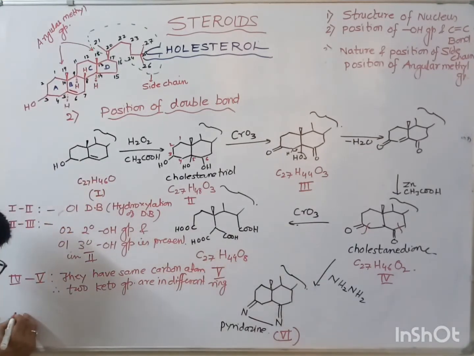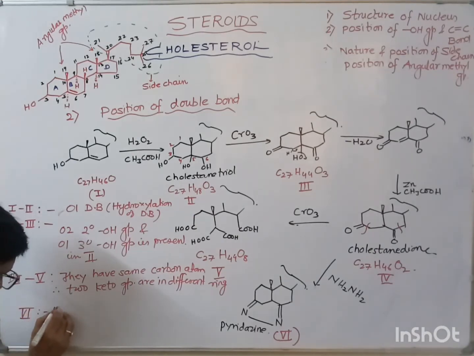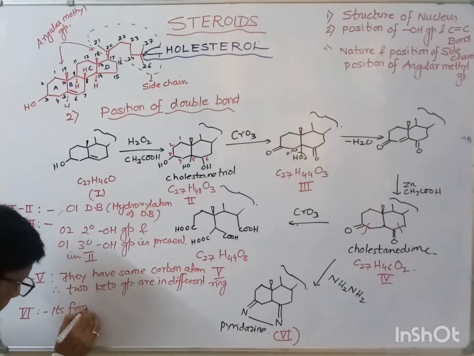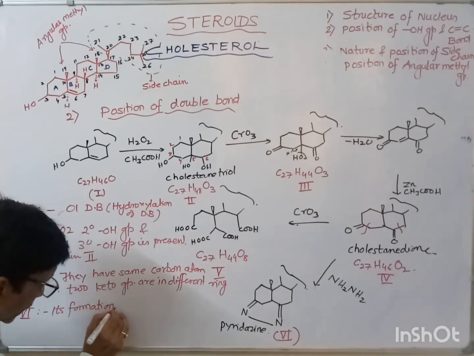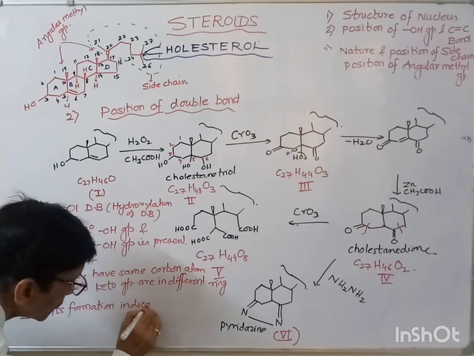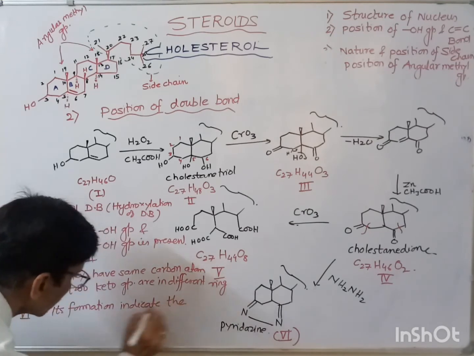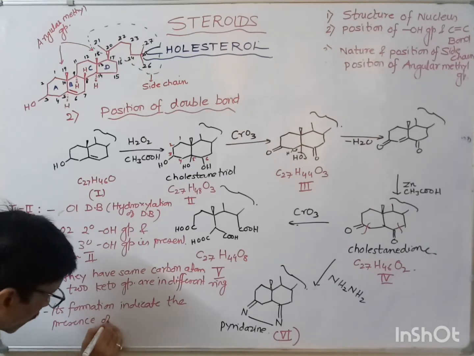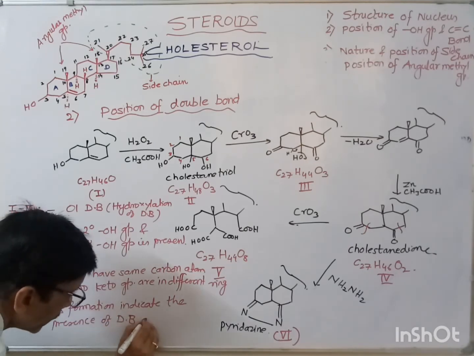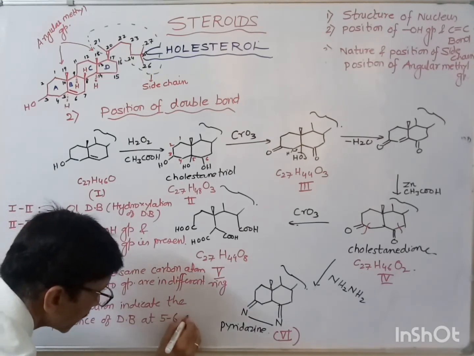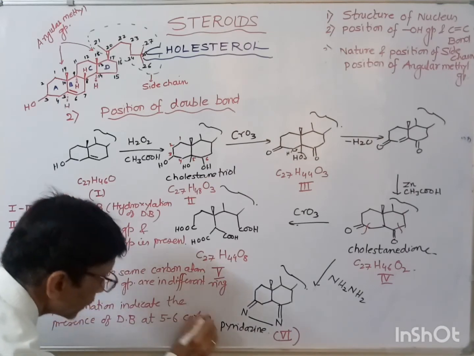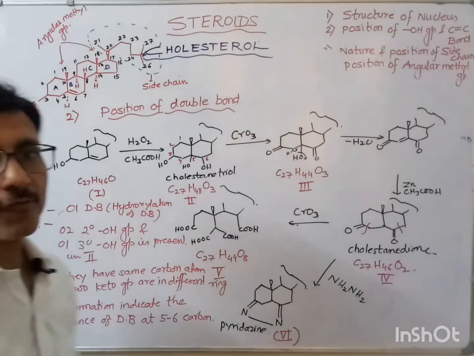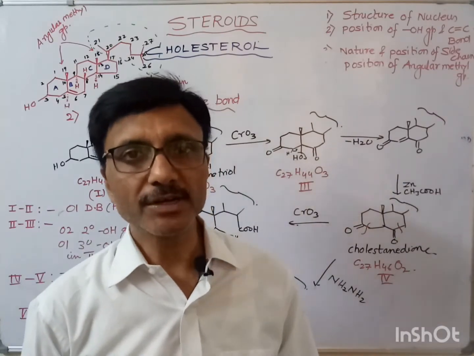So formation of the 6th indicates the presence of a double bond at the 5, 6 carbon atoms. Okay, so like this, in this way we have proved the position of the double bond.